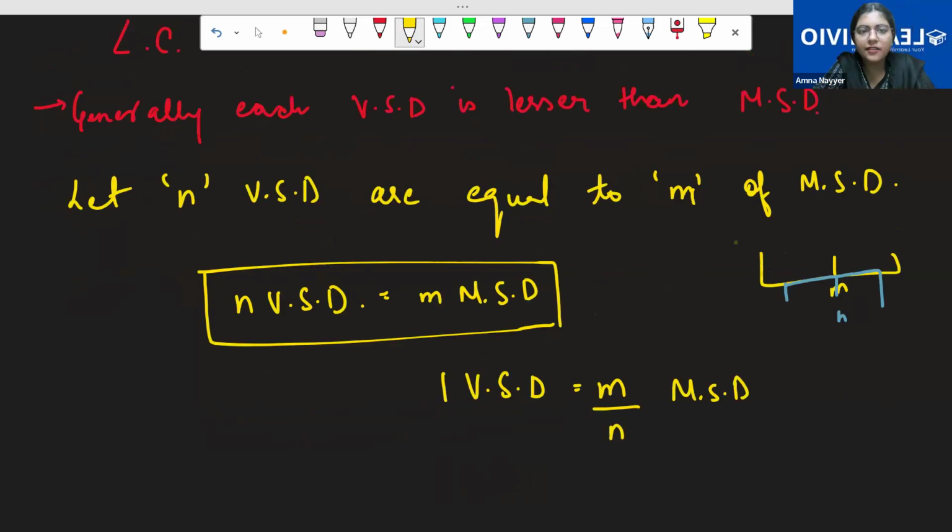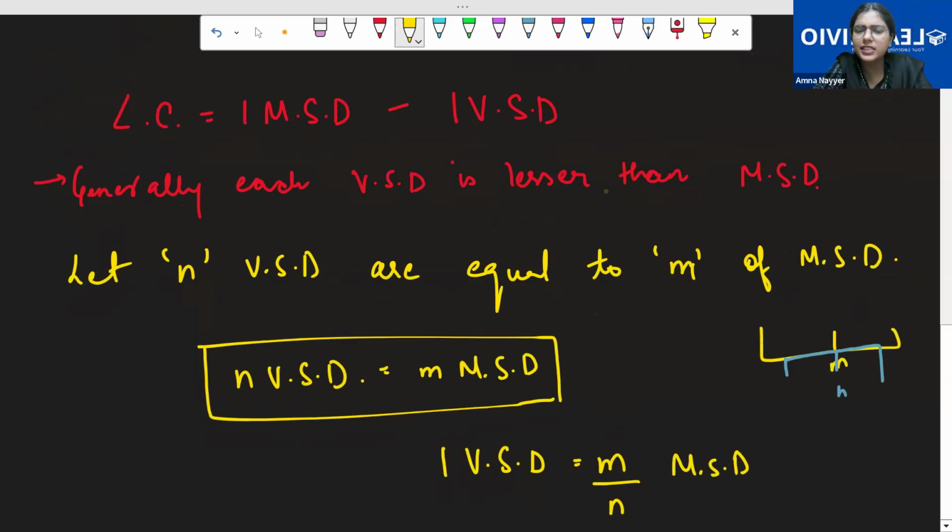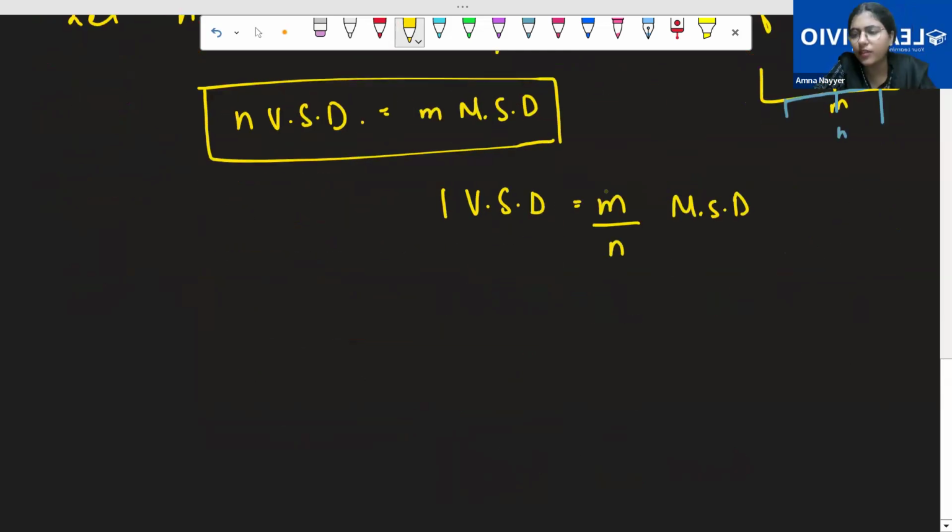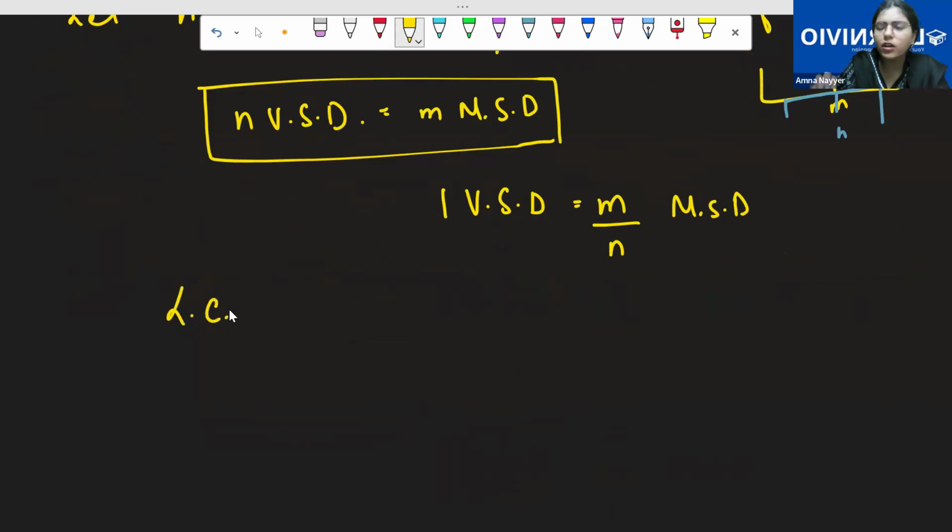So if you have the information about MSD and VSD, the least count and the value of one VSD can be easily calculated. And remember, an ordinary vernier calipers can give you the reading up to 0.01 centimeter. So see, this is how much the difference is. 1 centimeter on the scale which we use, the 100 centimeter or 15 centimeter scale, whereas its measurement can be up to 0.01 centimeter.